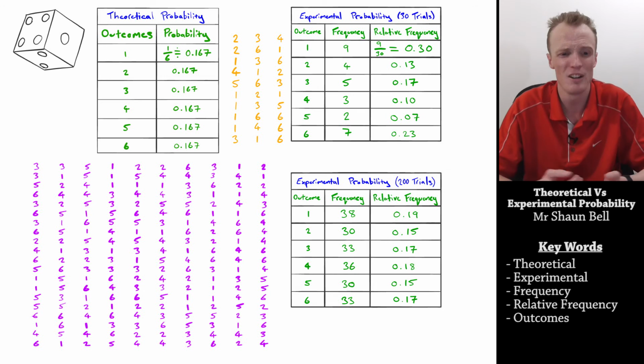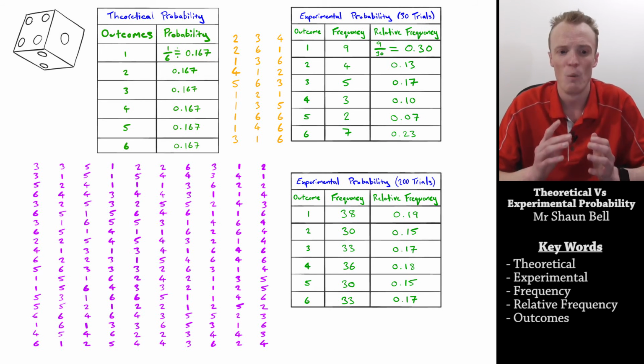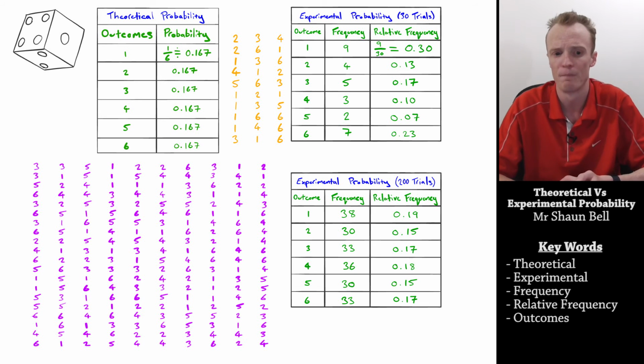So, what do you notice about these results? Did they vary from each other as much as they did with only 30 outcomes? Equally, were they all the same, like we were expecting from our theoretical predictions? What you should notice is the outcomes no longer vary as much as they did with the fewer outcomes.